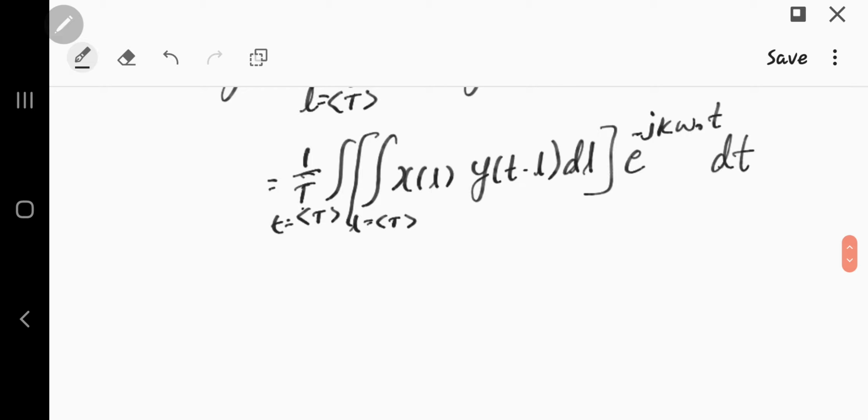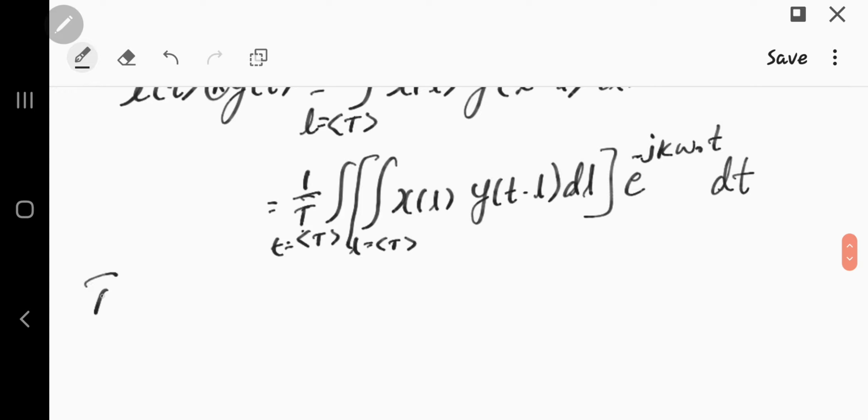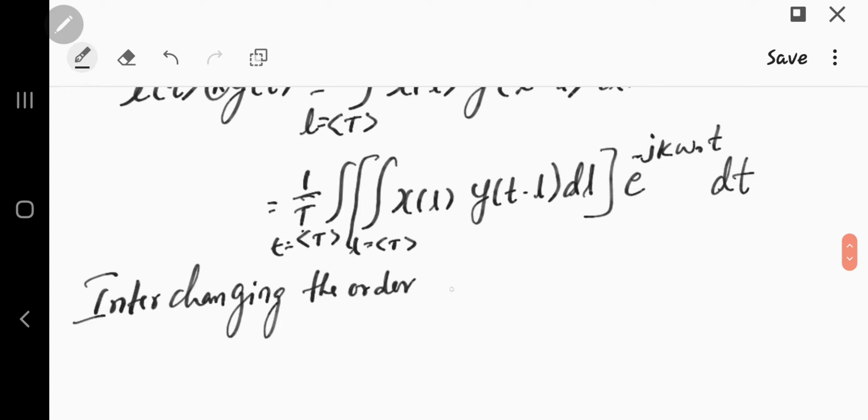Okay. And let's interchange the order of integrals. Here, this is L and x of L is there, and here it is t. So, we have y of t minus L here.